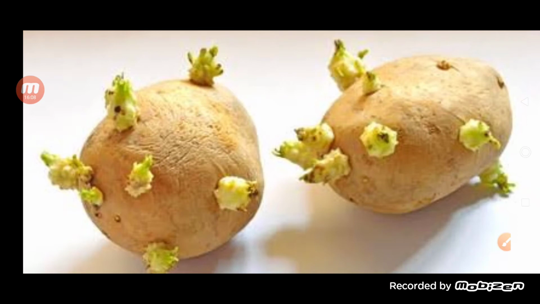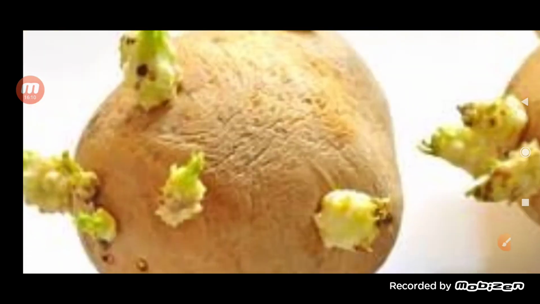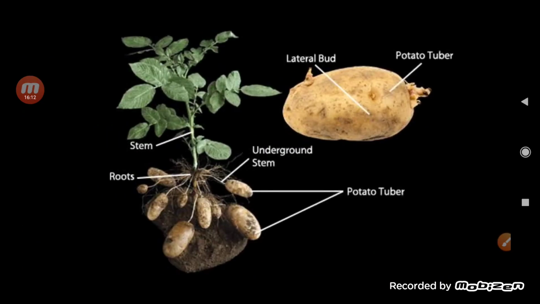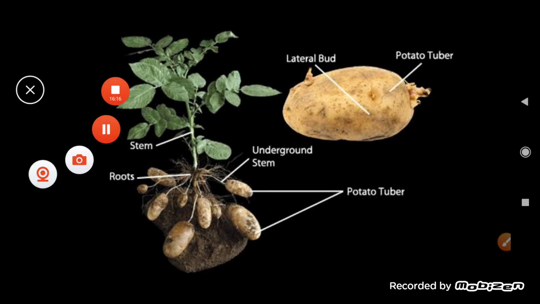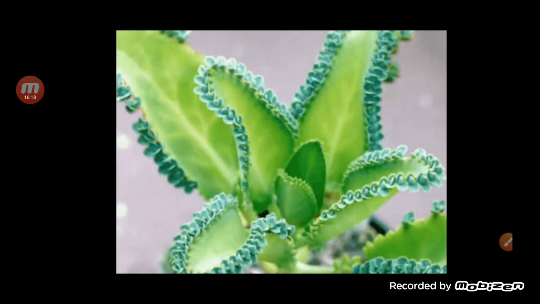Now if we talk about the bryophyllum, as you can see here, students, this is a picture of a bryophyllum plant. In the bryophyllum plant, the buds are present on the stems as well as on the leaves.